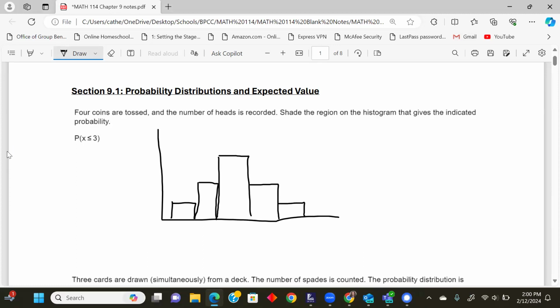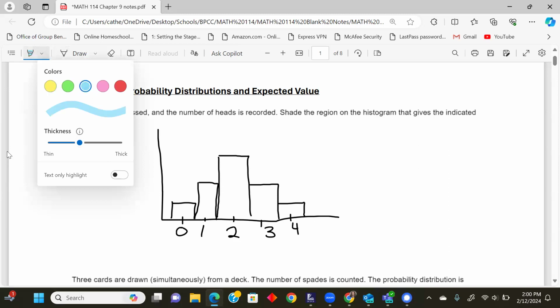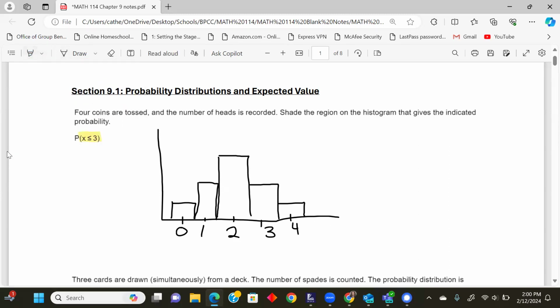So the probability that you have 4 coins and that 0 are heads, you have 1 head, 2 heads, 3, or 4 heads. Okay. The probability that X is less than or equal to 3. Less than or equal to would be 0, 1, 2, or 3.